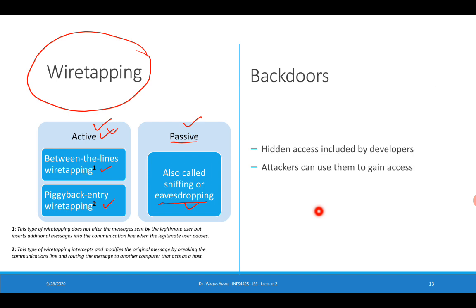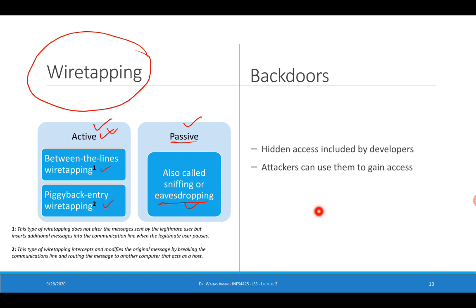In between-the-line wiretapping, the attacker only inserts his message when he sees that there is a pause between the two communicating parties. So when he experiences a pause, he inserts his message. That is between the line.